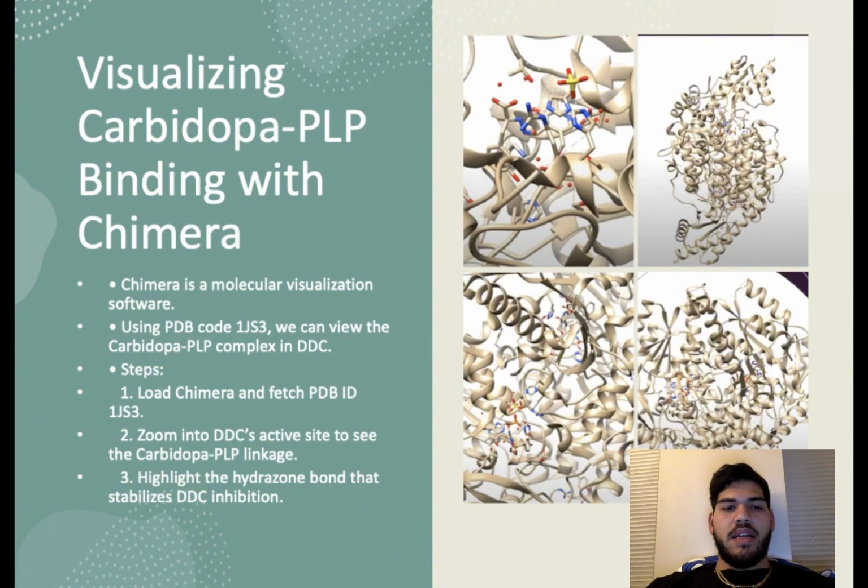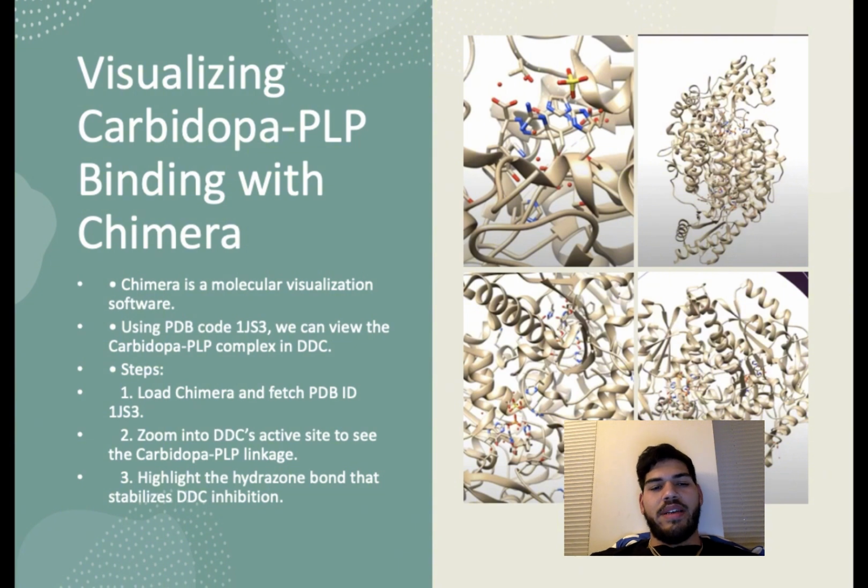In the active site, we can zoom in and see how carbidopa binds to the PLP, forming a stable hydrazone linkage. This hydrazone linkage is what locks the enzyme in an inactive state, ensuring dopamine production is minimized outside the brain. This visualization in Chimera helps illustrate carbidopa's inhibition mechanism more clearly.